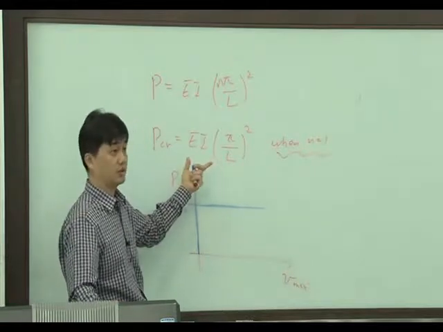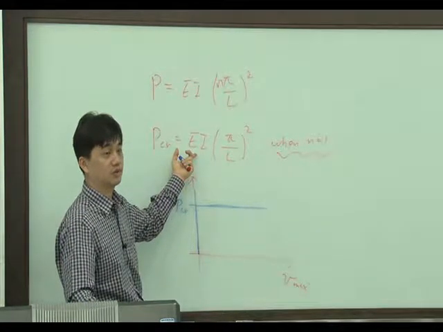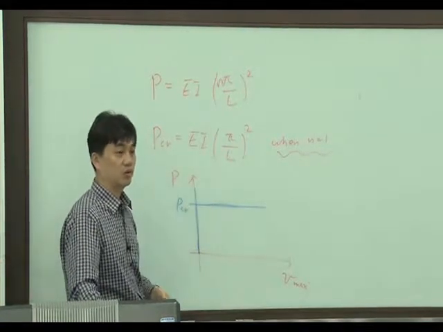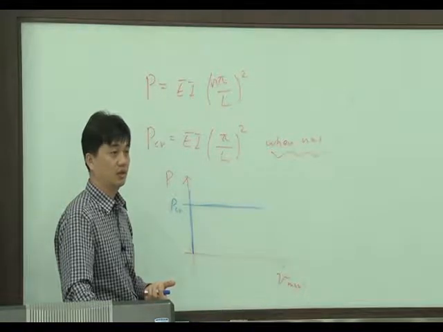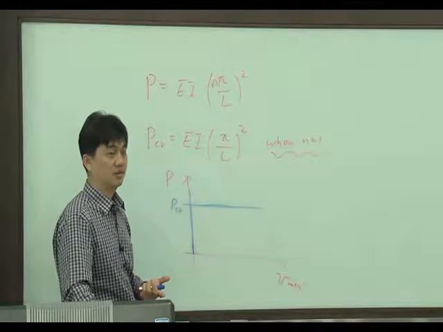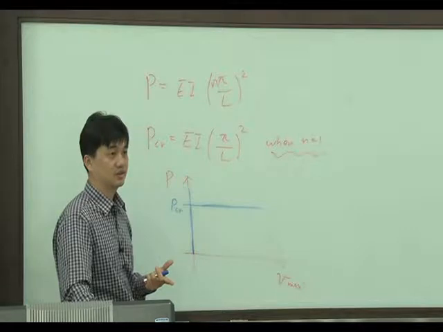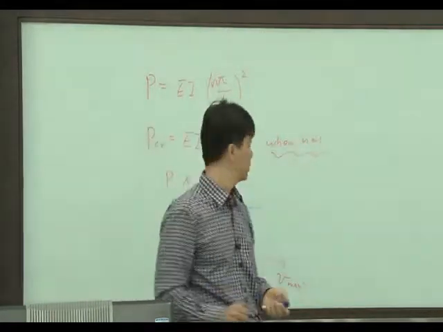L is a geometry. No strength, right? This is very important. So stability comes from the geometry, and doesn't depend on the strength. You know, the strength, material stress, yield stress, right?